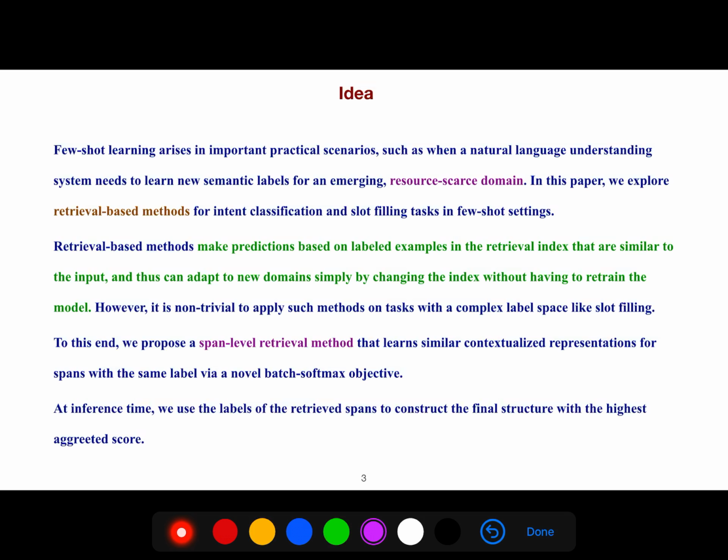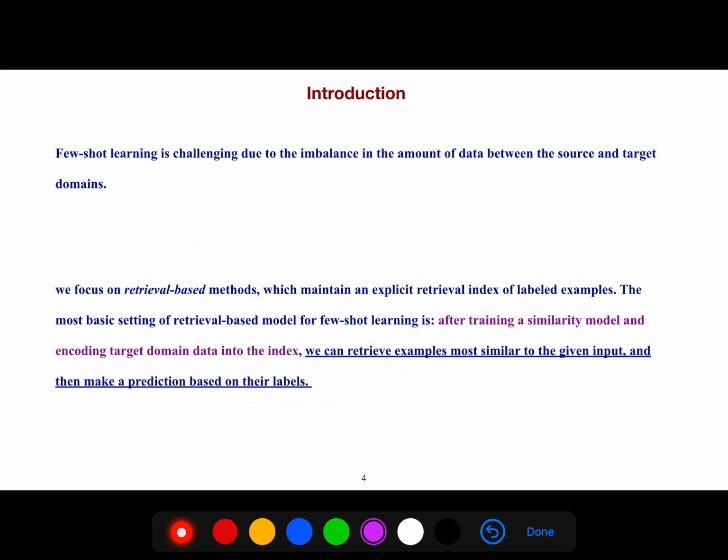At inference time, we use the labels of the retrieved spans to construct the final structure with the highest agreed score. Few-shot learning is challenging due to imbalance of the amount of data between the source and target domains.